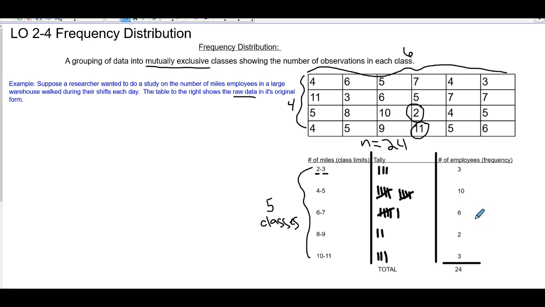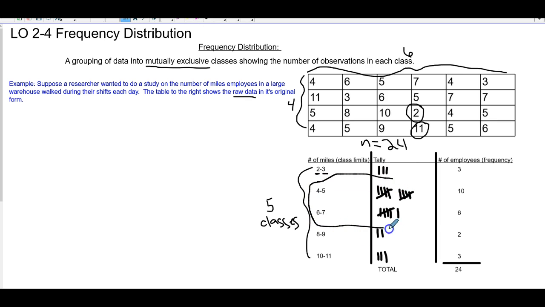So in summary, a frequency distribution is a really good way of showing how often certain events occur. We can quickly look at this and see that the majority of the employees at this warehouse walk 4 to 5 miles a day, and the next largest is 6 to 7.